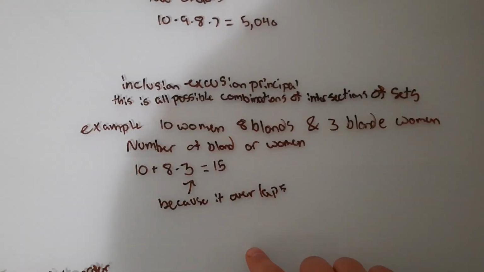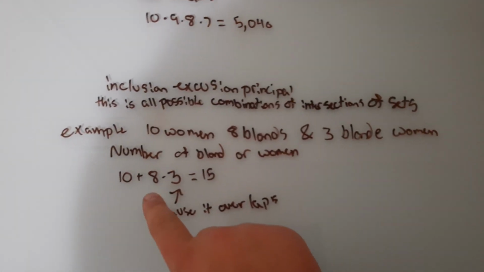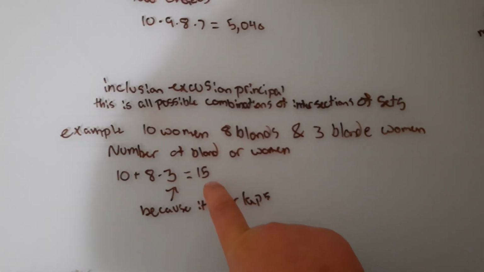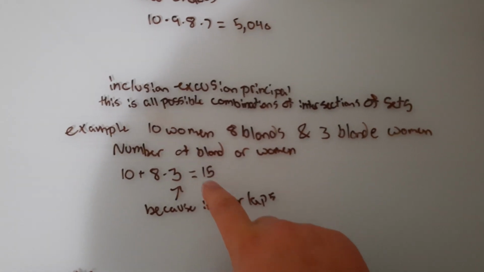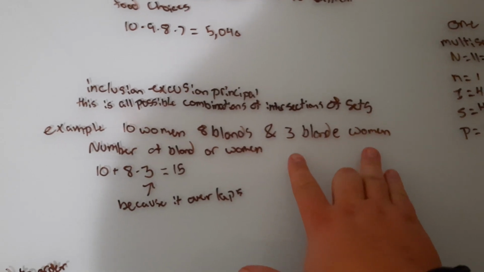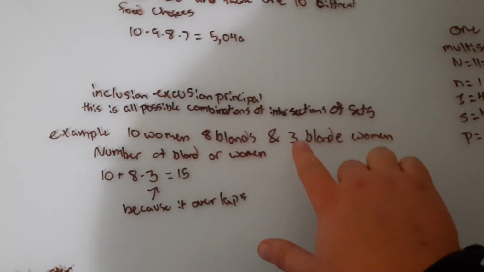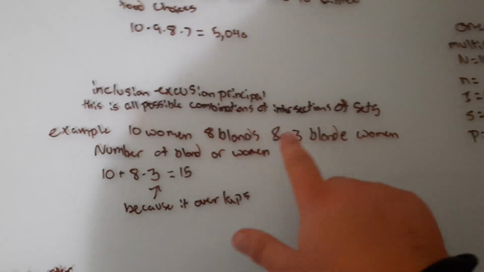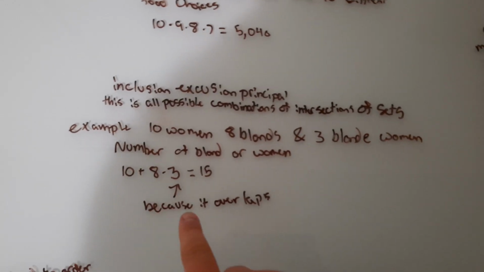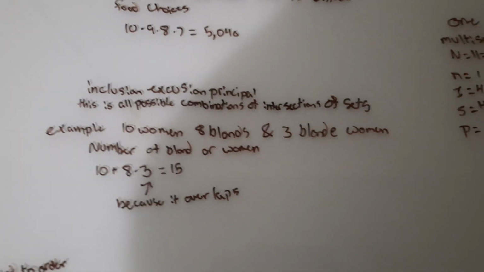What would end up happening is it would end up being a possibility of 15, because we subtract out the 3 because of the general overlap between these two. They're both blonde and they're both women. So we would end up subtracting those ones out because of the general overlap.